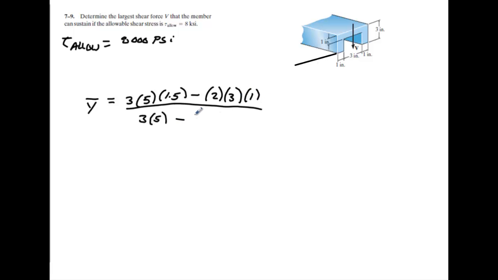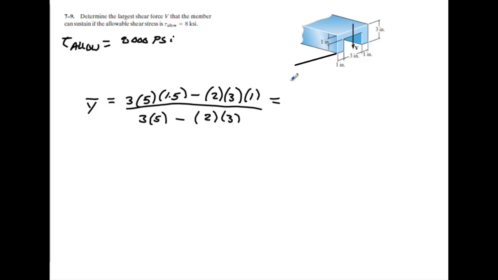And now I'm going to subtract the area of that, which is 2 times 3. I'll run that calculation and see what I get. I get 3 times 5 times 1.5 minus 6 divided by 15 minus 6.